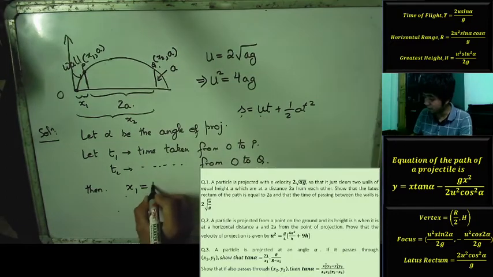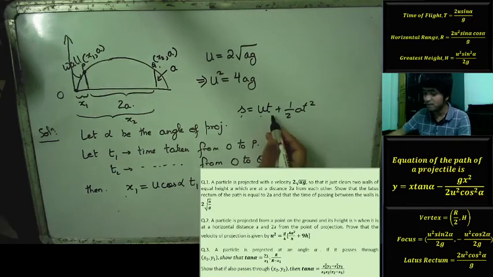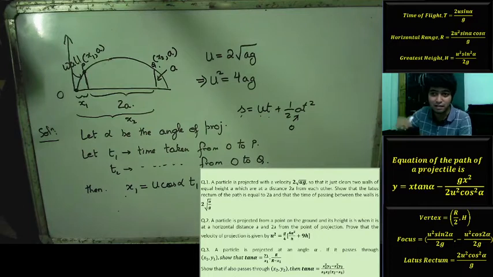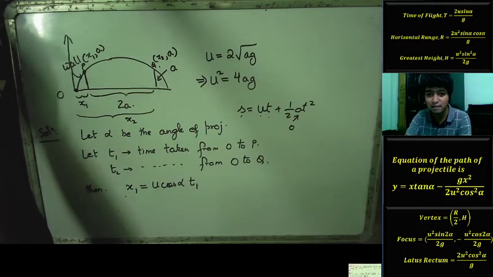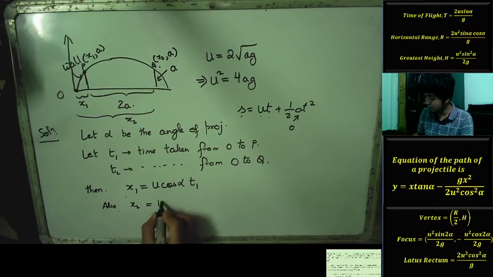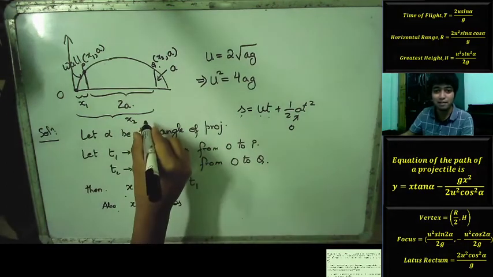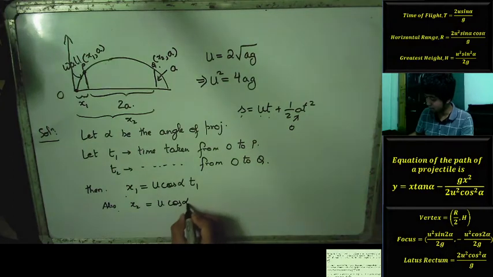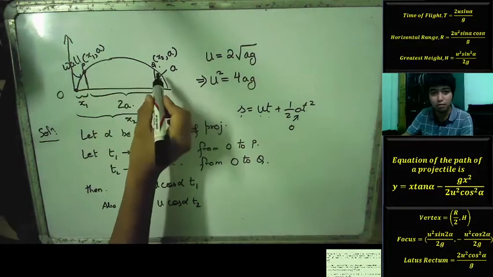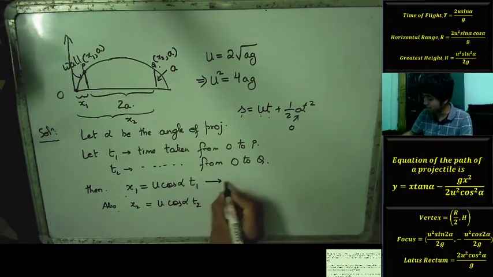Instead of u, it will be u cos alpha. t1 instead of t, plus half at squared, where the acceleration g in the horizontal direction is 0. So that is why we will be having this. Also x2 will be the same, because x2 is in the horizontal direction, so it will be t2. But we require the time from P to Q, so that is why we will subtract these two equations.